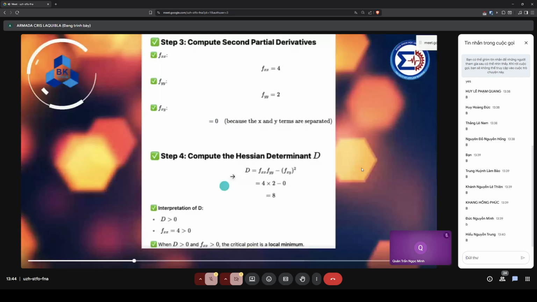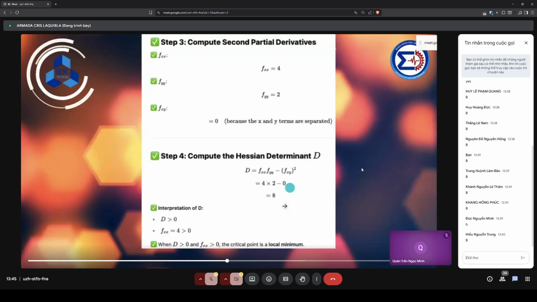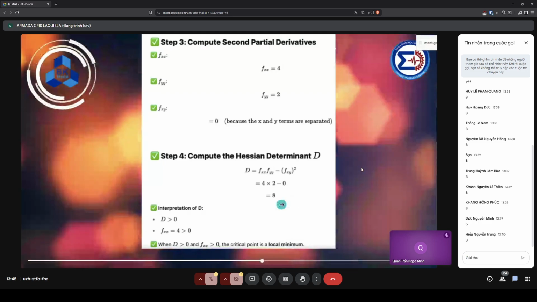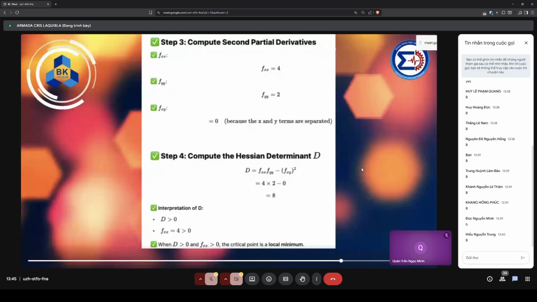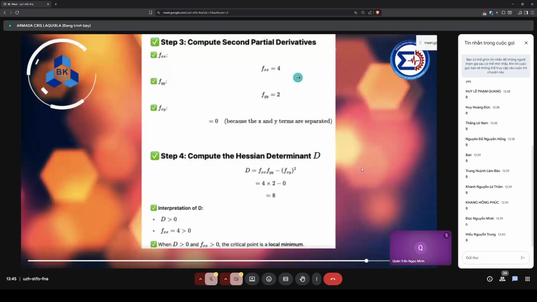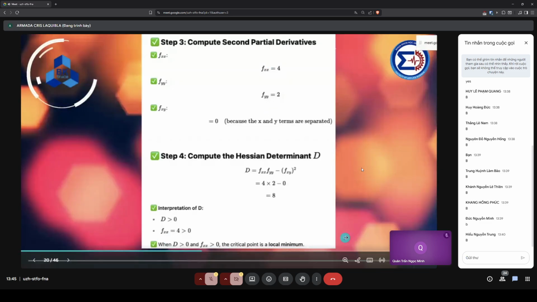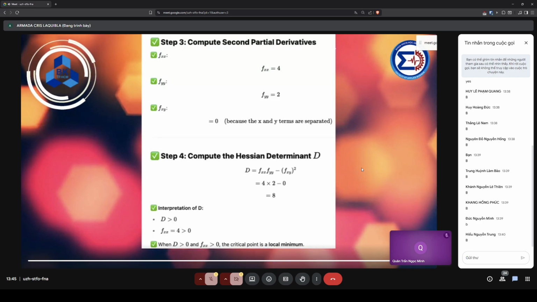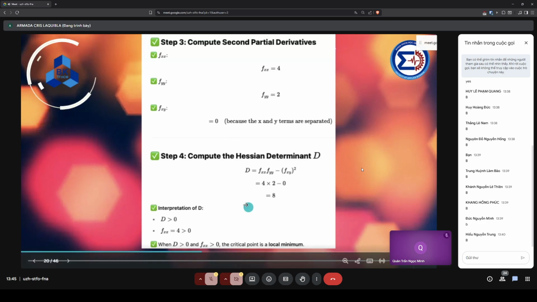2 minus 0 squared, it's still 0. The answer is 8. Now, as you can see, your d there is positive. And if you have there a positive value of d, and then also the fxx is also positive, which is 4, so both are positive. It's a local minimum. So there is no way of having a saddle point. So that is why I told you do not solve the critical points first.